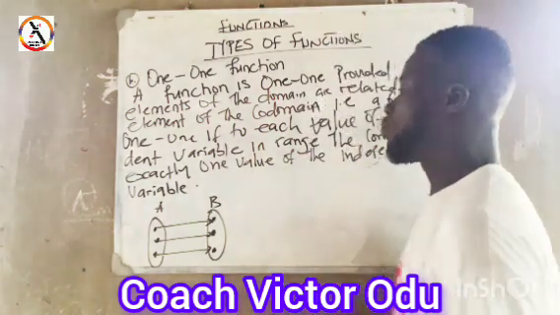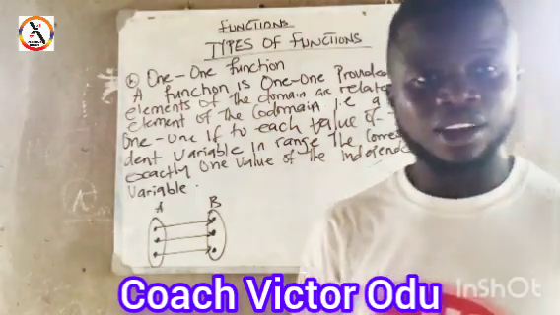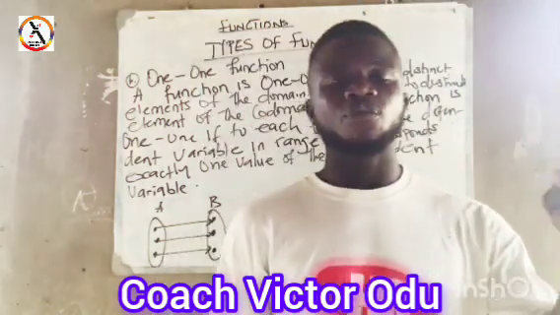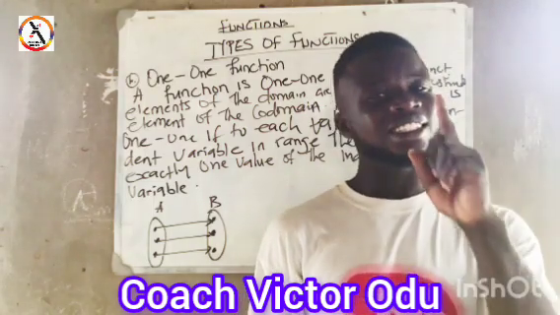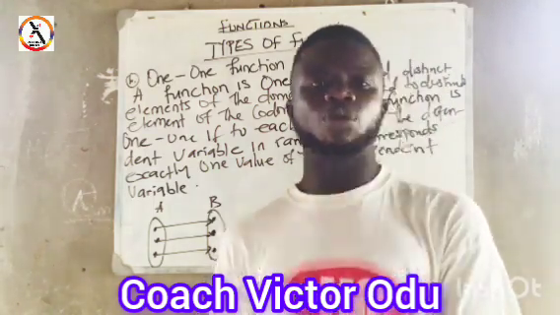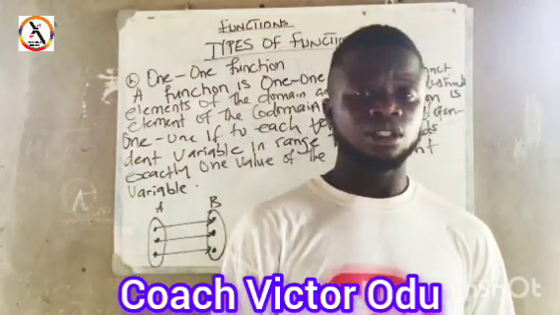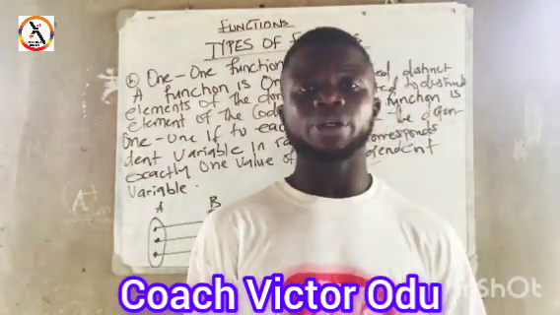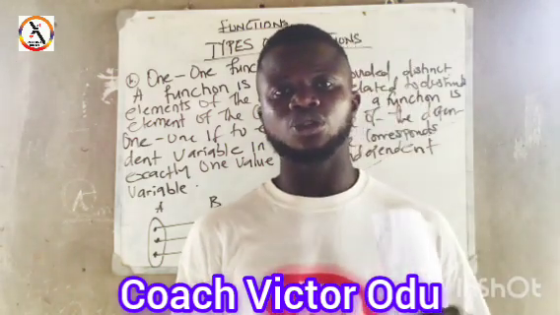We have the one-to-one function. A function is said to be one-to-one provided that to each value of the independent variable, there exists exactly one value of the dependent variable. In the mapping which we did in our last class, if you missed it, quickly go back to the channel and look at Functions Part 1.